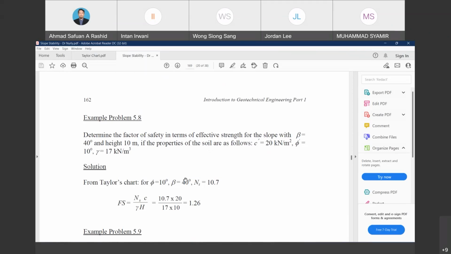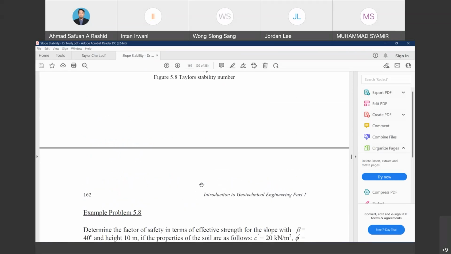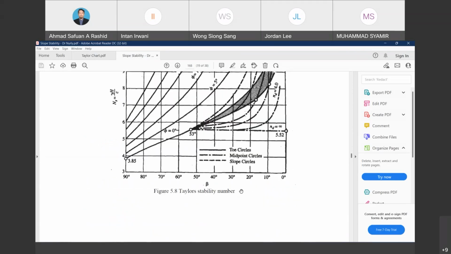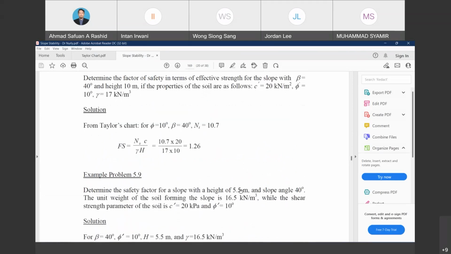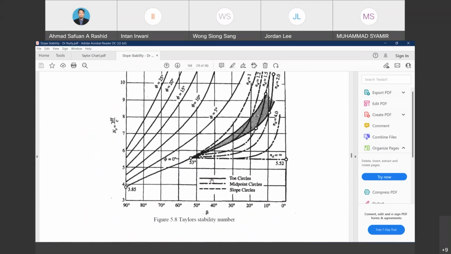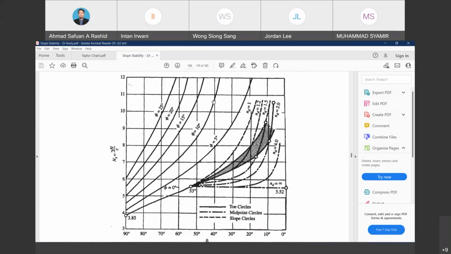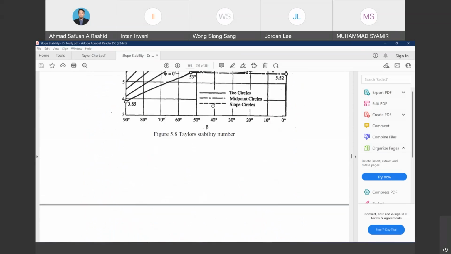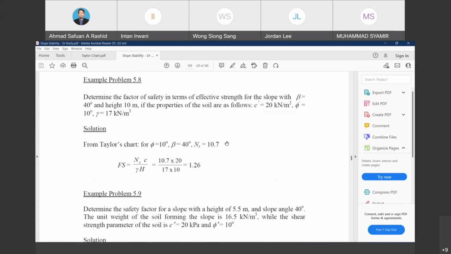If we look at the stability number for beta equal to 40 and phi equal to 10, the value of the stability number is around 10 point something, 10.7. So from this 10.7, the factor of safety is equal to 1.26.